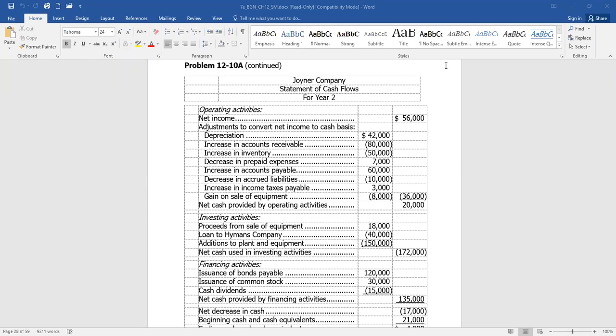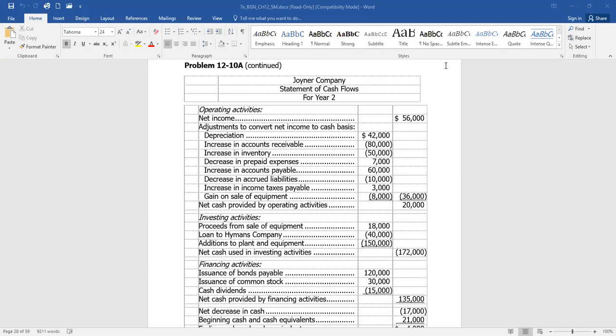Also, any non-cash items such as depreciation or amortization must also be taken out of the effect on net income when we're reporting it in the operating area. We also want to report any changes in our current assets or current liabilities in our operating area, because these assets were created by current operations, and these are liabilities that we must pay from our current operations. And we'll start looking at that in a few minutes.